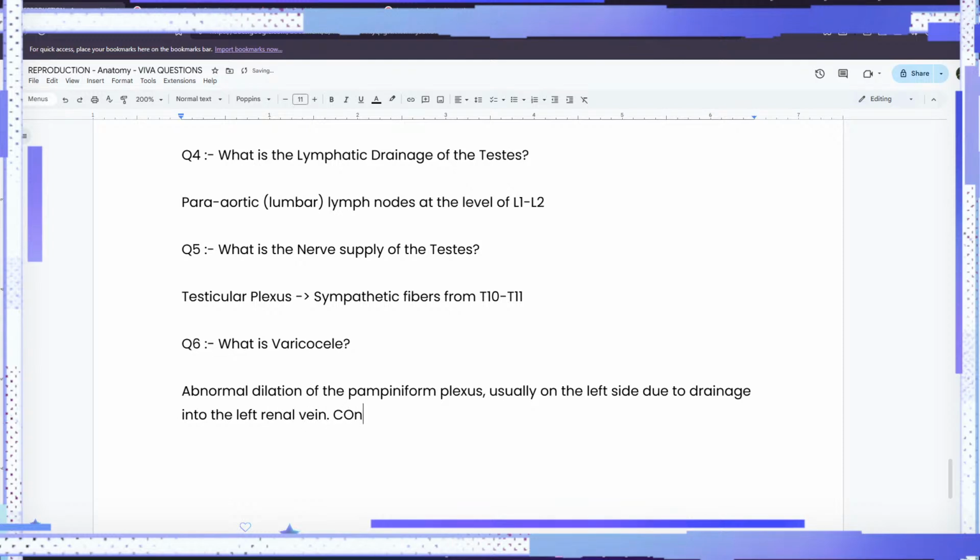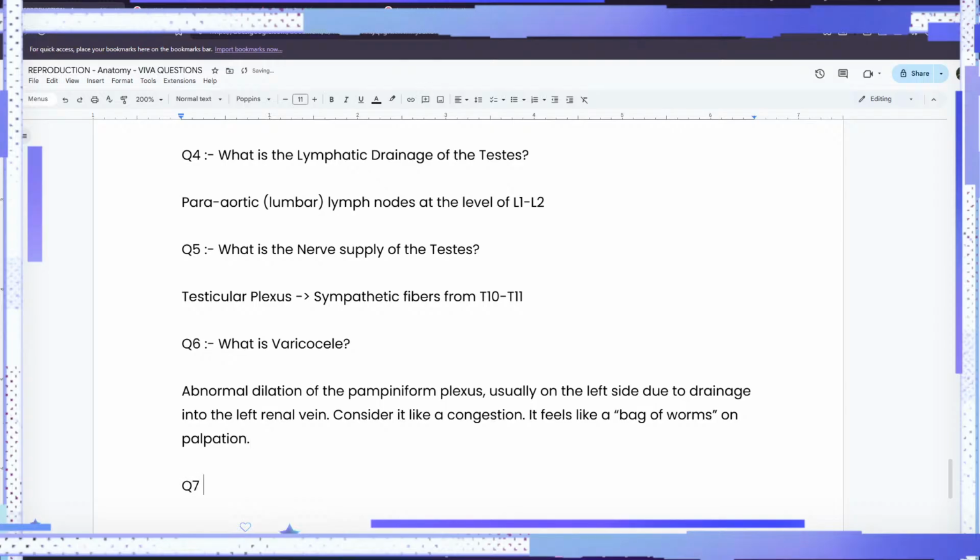Consider it like a congestion. So it feels like a bag of worms on palpation.